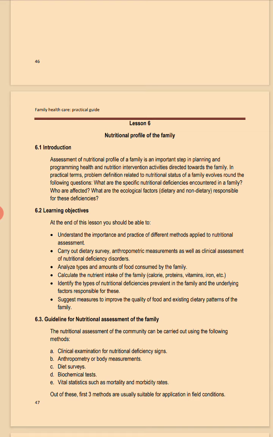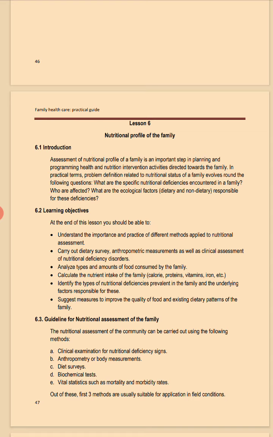Regarding assessment of nutrition of a family, remember the following mnemonic: A, B, C, D, E, F. A means measuring of the anthropometric indicators, like for the child you measure weight for age, height for age, weight for height. Also you measure the immunity for 1 to 5 years child.